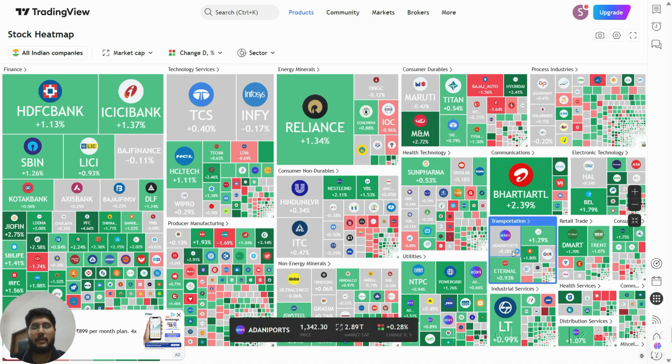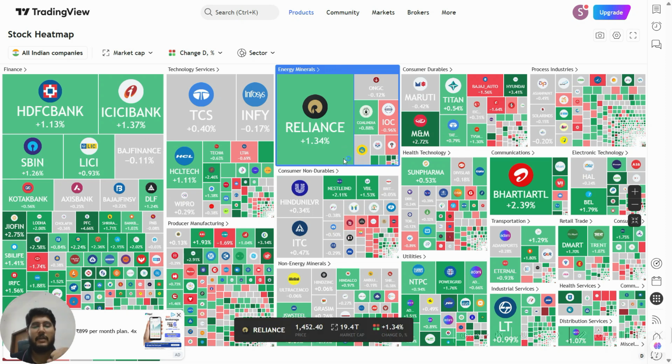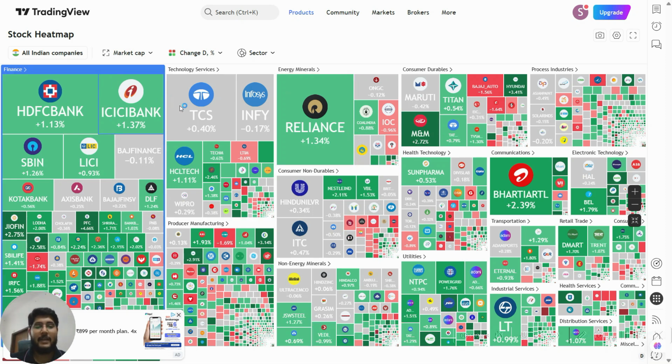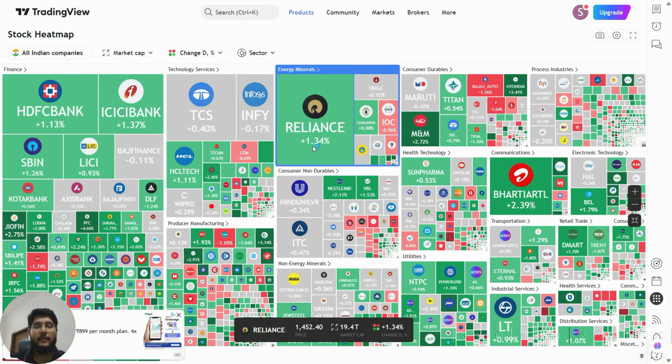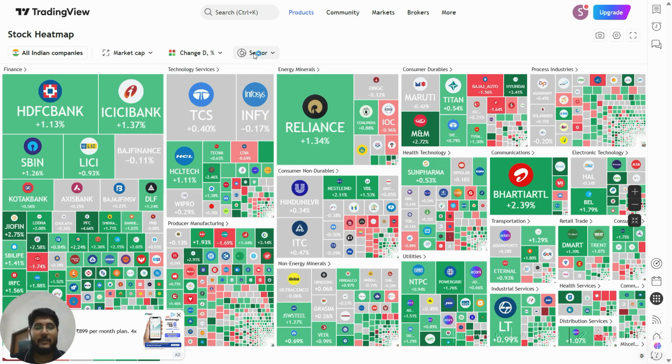If we go to the calendar that we discussed earlier, you don't get to see all this in a visual manner where you can get to understand with the logos as well of the companies and get to know in which sector they are actually working and how the sector has done overall. So that's how it really helps you.